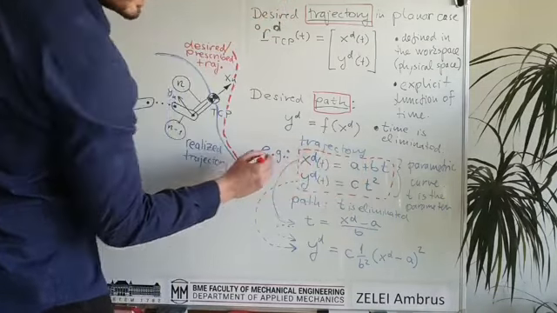So that's the main goal. So Q is the joint vector of joint variables again.